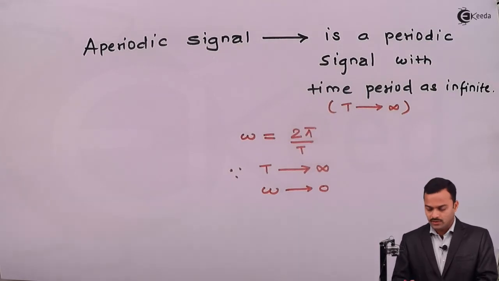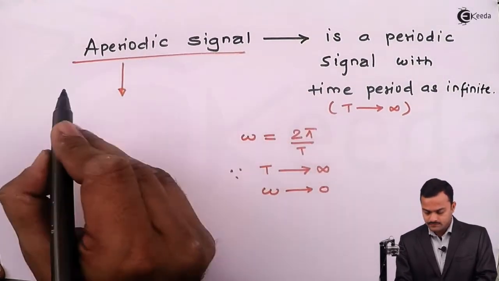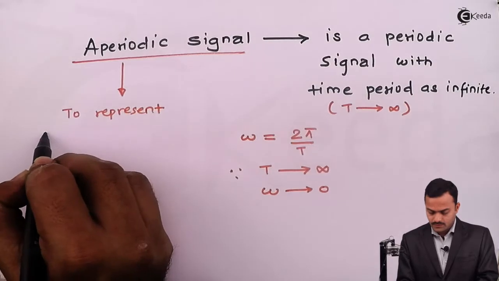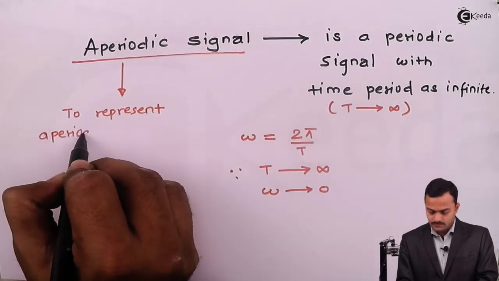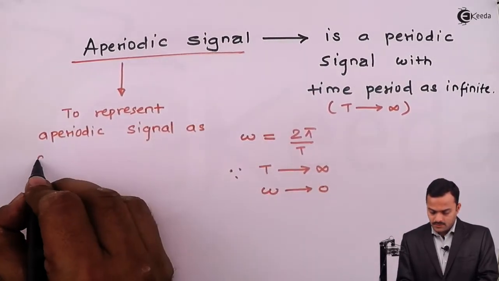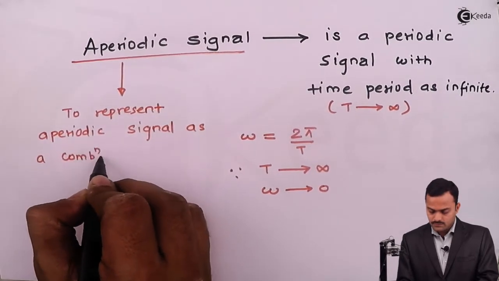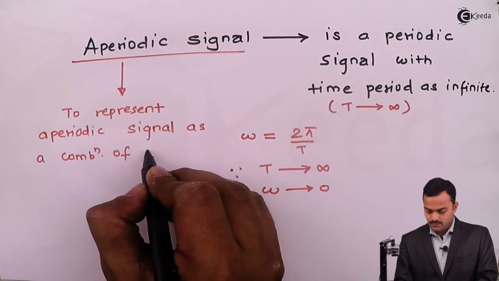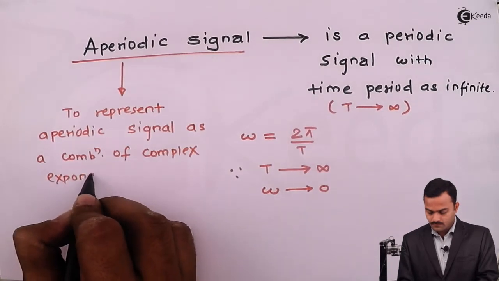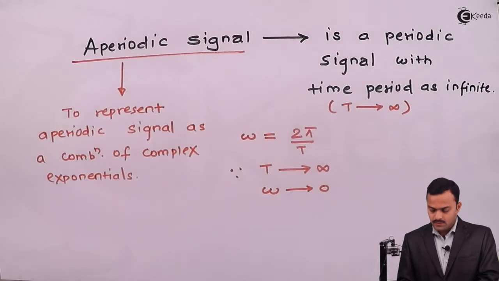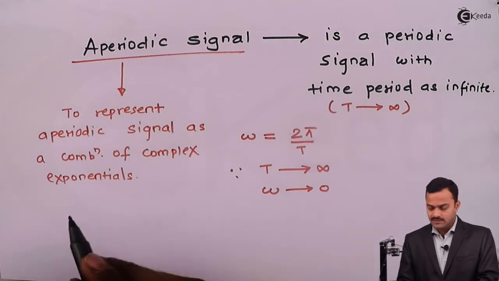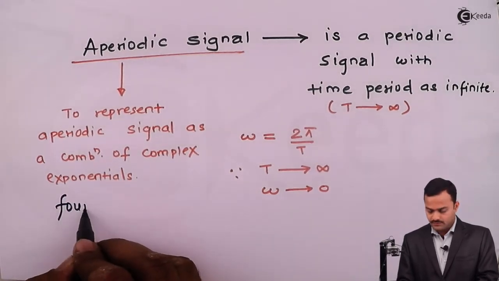The Fourier transform evolved in order to represent aperiodic signals as a combination of complex exponentials, and in doing so, summation gets replaced by integration.